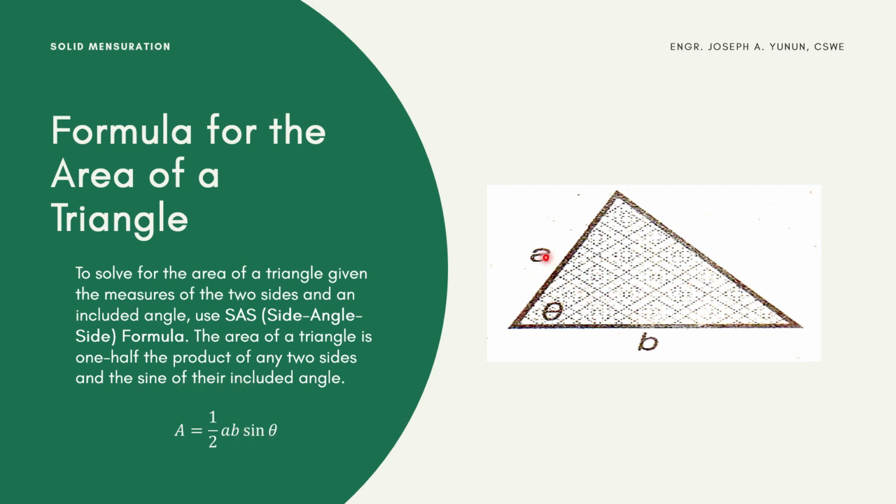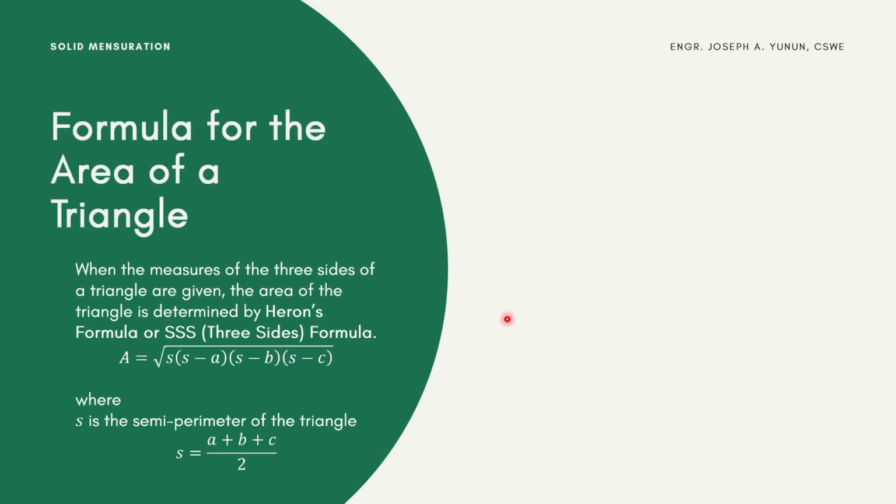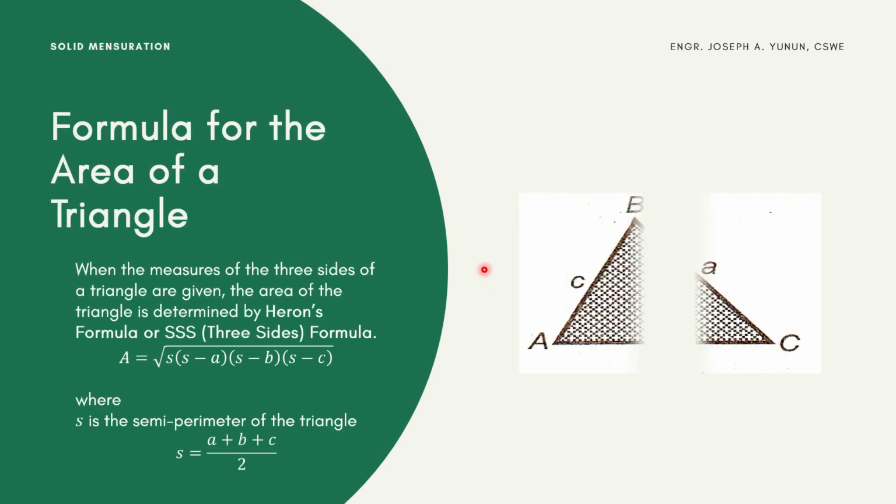For this particular figure, you have two sides, sides A and B, and the included angle is theta. Then you have this formula, 1/2 the product of sides A and B and the sine of their included angle. And lastly, this is Heron's formula, which is just for the three sides given.